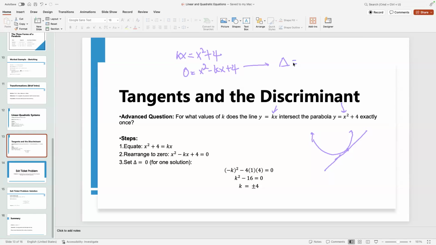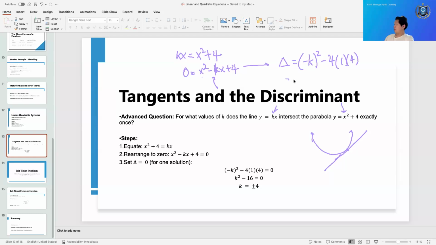Is it 1? If you look at here, is it 1? Negative. Negative what? Okay. Negative k, right? So I get negative k squared. And what's my 4ac? What's my a? What's my c? 1 and 4. Good, right?